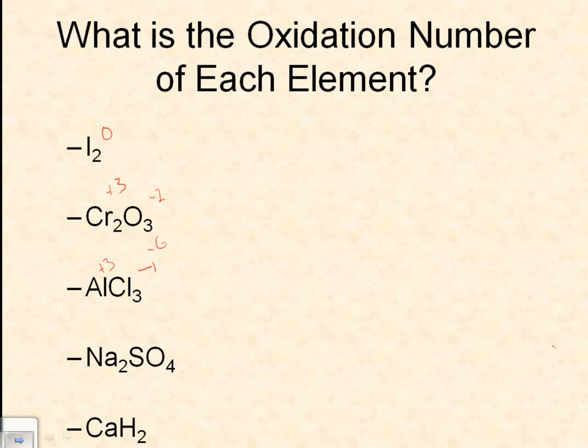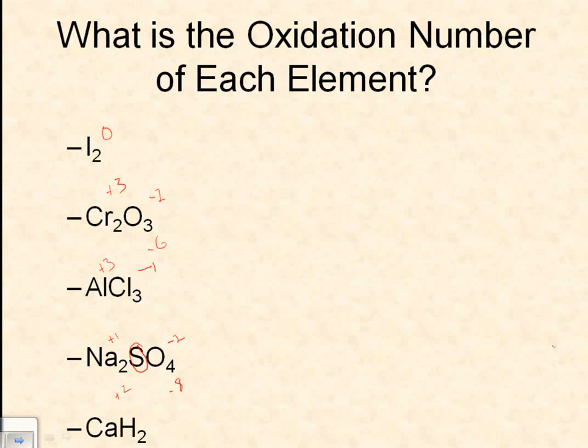Now here's where it gets a little bit tricky. The oxidation number on sodium is a +1, so it's a total of +2. The oxidation number on oxygen is -2, so that's a total of -8. And it's usually this middle guy in a ternary compound, a compound that has more than 2 elements, that we're trying to figure out.